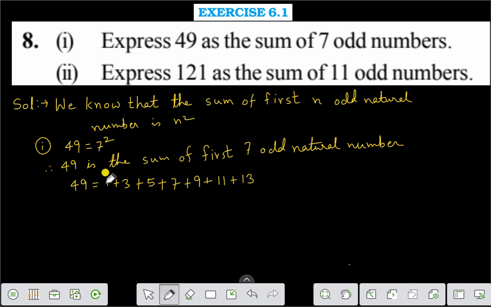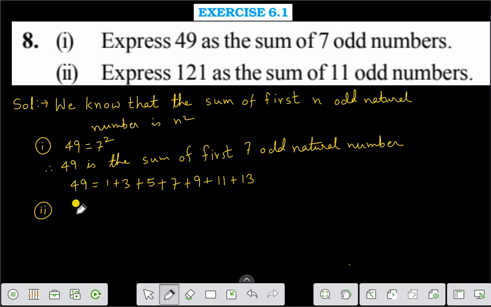Right? 1 plus 3 plus 5 plus 7 plus 9 plus 11 plus 13. 1, 2, 3, 4, 5, 6, 7. Right? This one. Number 2 is express 121 as the sum of 11 odd numbers.